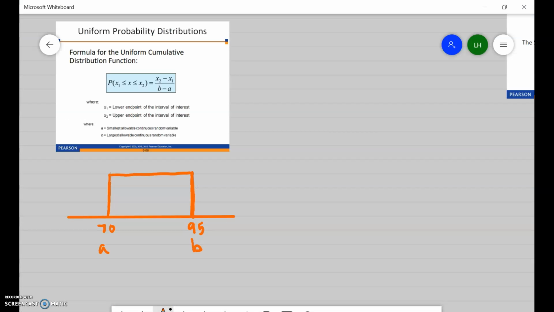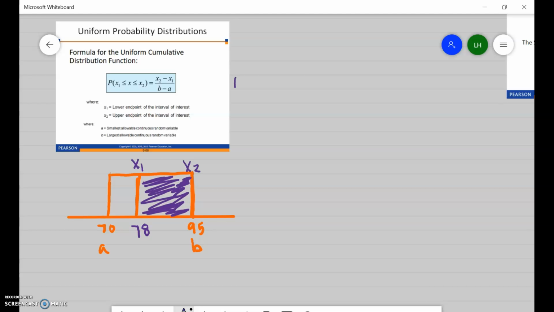So 78, let's just say it's right here somewhere. So we want it to be greater than 78, but it has to not go past the distribution. So now we can see that this is x1 and this is x2.